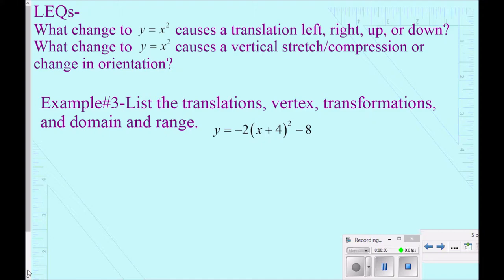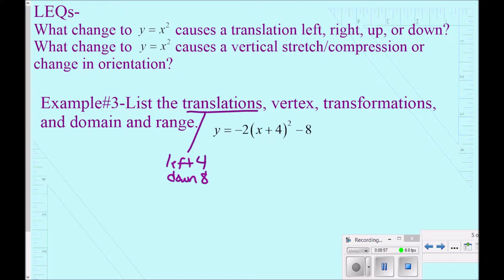Next, go ahead and try this one. Pause the video and then play to check your answers. So translations, plus 4 would be left 4, minus 8 would be down 8.